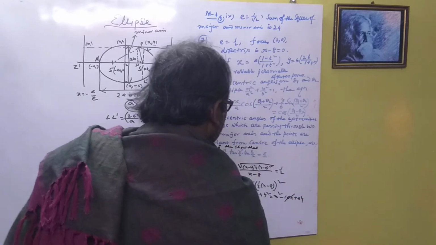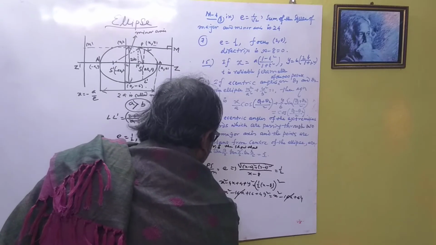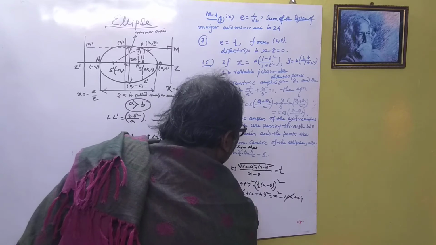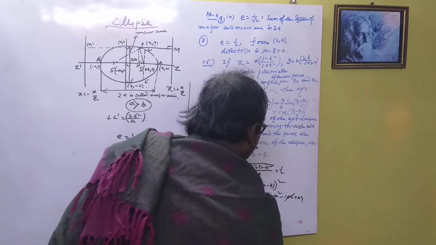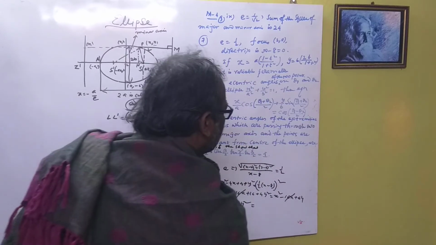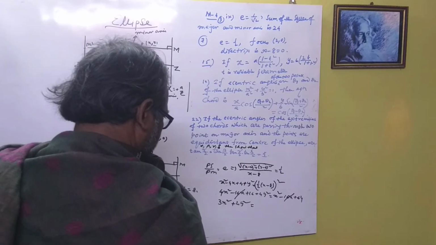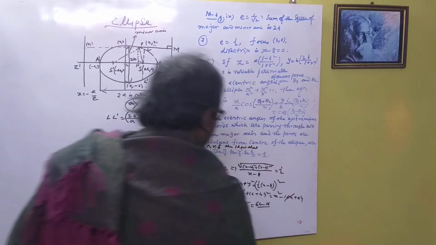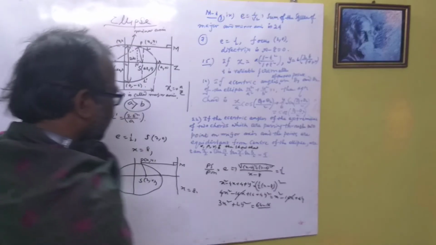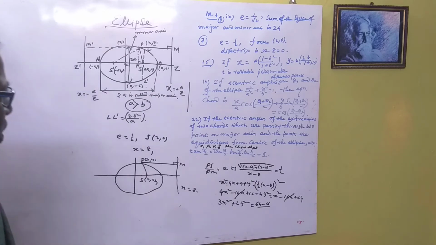These are cancelled. So this is here 3x square, and this is here 4y square, and 64 minus 16 is equal to 64 minus 16. Then subtract this value, and we get the answer of the ellipse.